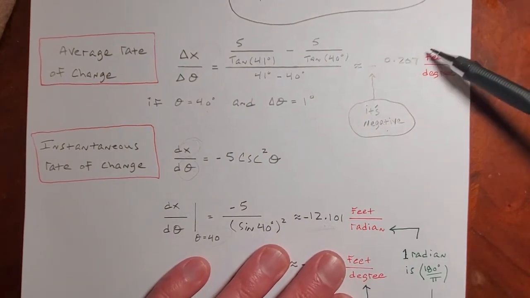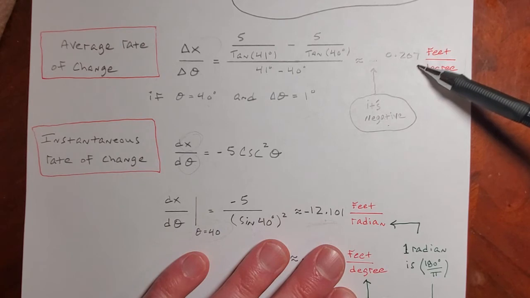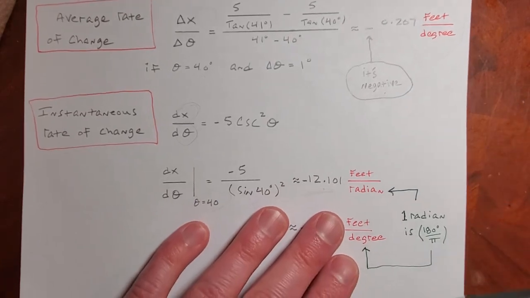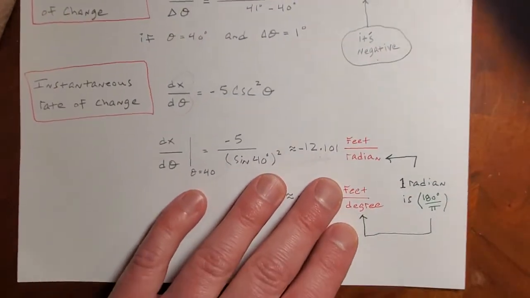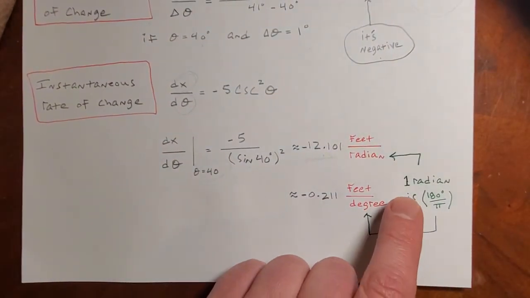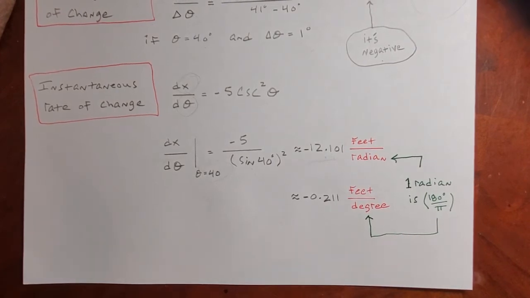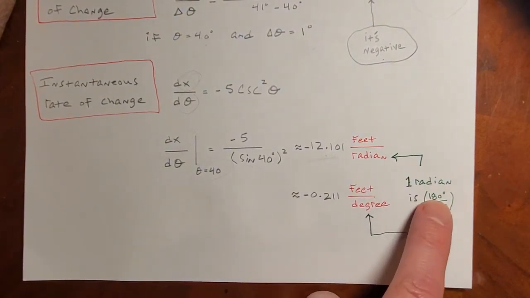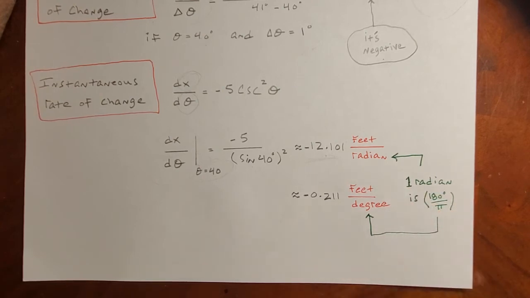But say that I'd like to prove my comparison and I want to convert to these units. So feet per radian, I need to convert that to feet per degree. So how do I do that? Well, it's known that there is a conversion factor between radians and degrees. They measure the same thing, an angle, so there must be a way to convert. 1 radian is 180 over pi degrees. That makes a radian about 57 degrees.